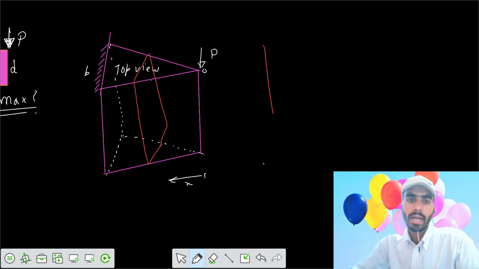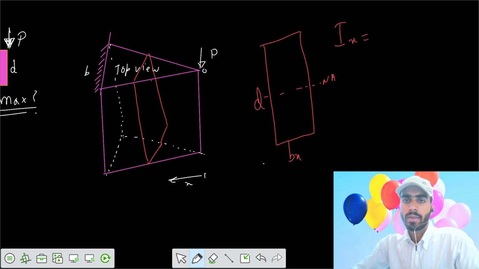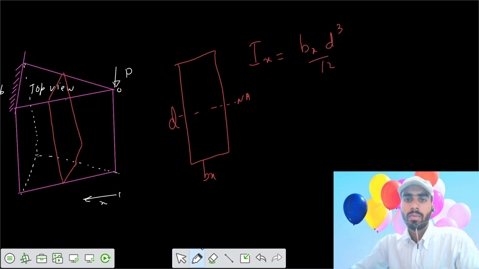This is your b x, and this is your d. d is constant. About the neutral axis, I x equals b x d cubed by 12. The value of b at any x is such that it is b at L, but at x it is b x by L, times d cubed by 12.